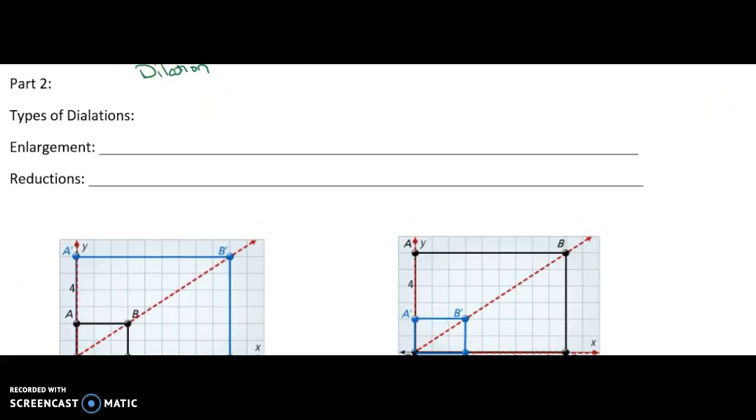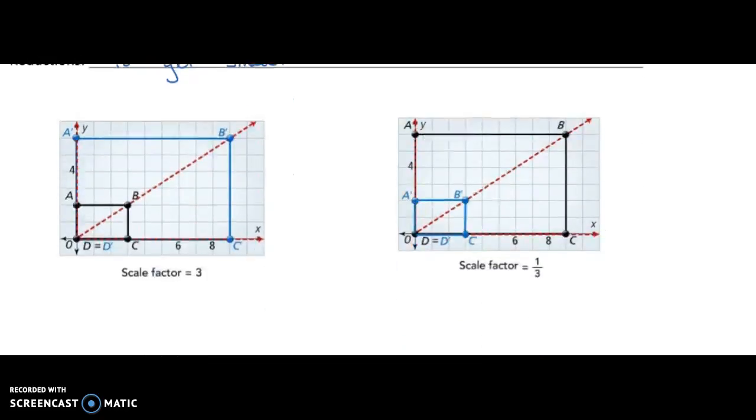Okay, so we have several types of dilations, and these are pretty self-explanatory. The enlargements are getting larger, and the reductions are getting smaller.